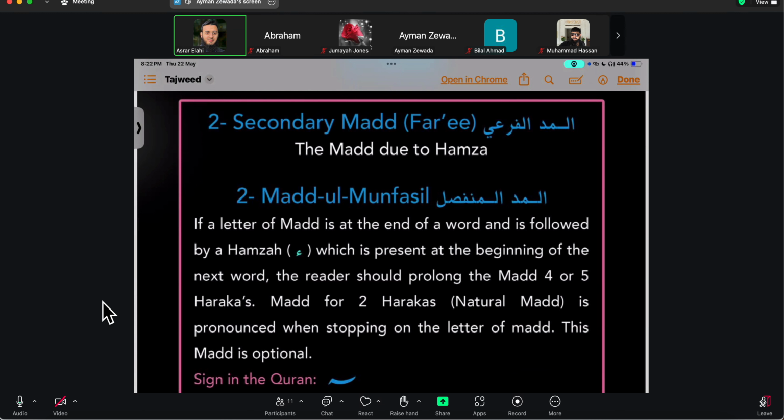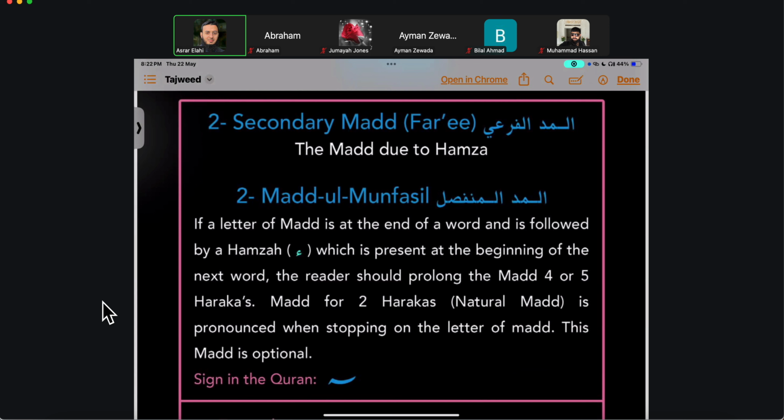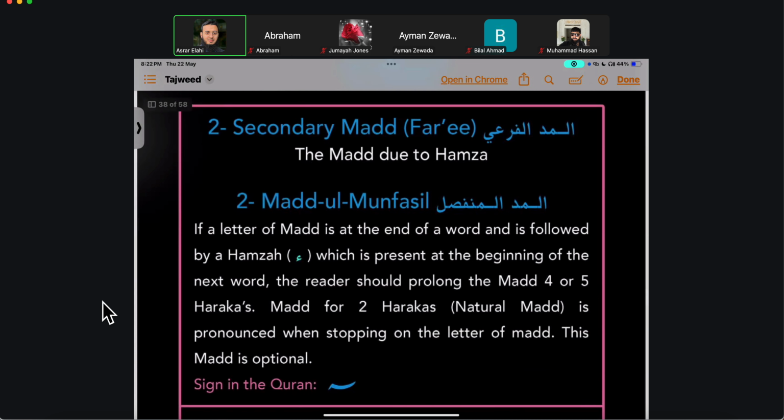Just while listening to that, in the beginning I used to mark the mads in my mushaf just to keep it fresh in my mind. But now I realize that I should be marking the muttasil and the munfasil separately. As you mentioned, if we are choosing to omit the munfasil ones, you guys probably already know in your head that these are different types.